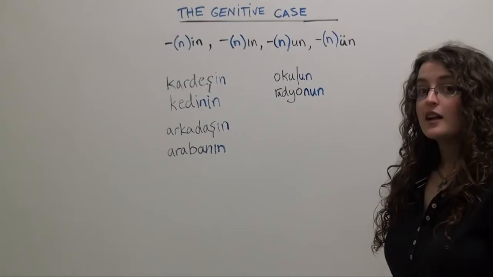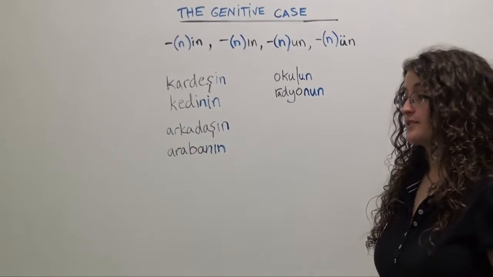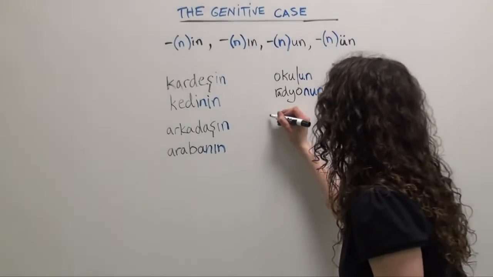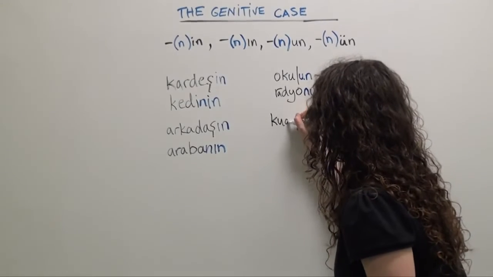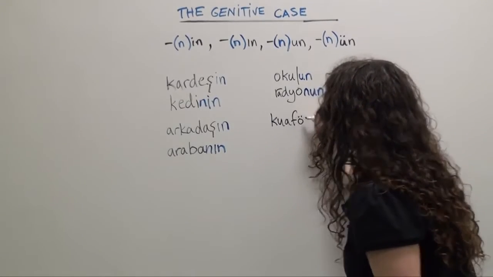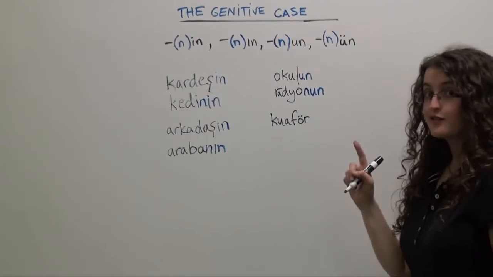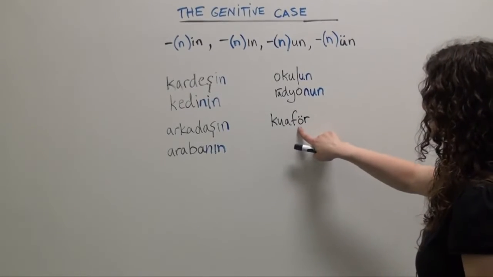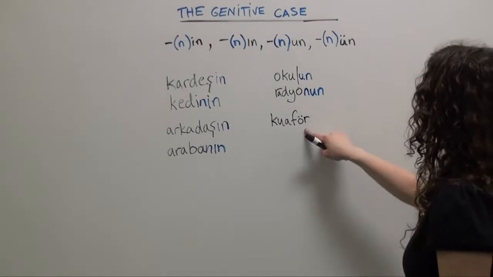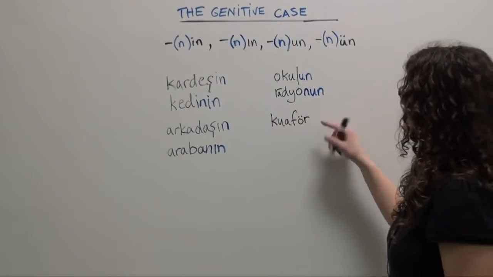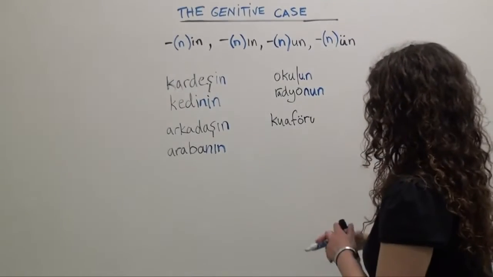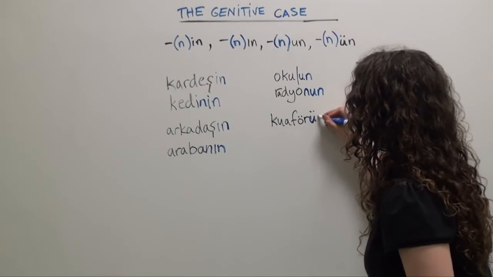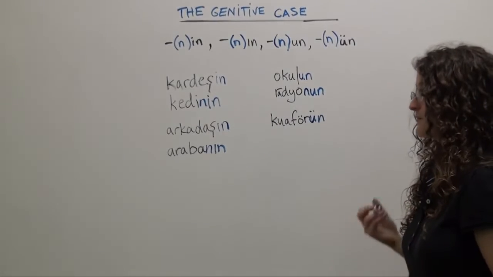Another example. Let's say we want to say of the hairdresser. The Turkish word for hairdresser is kuaför. We're going to choose the version of the genitive case ending that corresponds best with the final vowel in kuaför. So ün, kuaförün. Kuaförün, of the hairdresser.